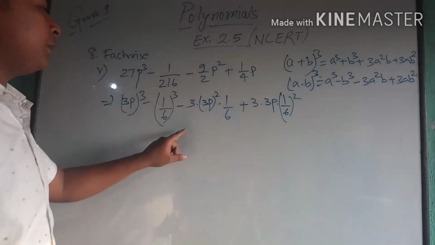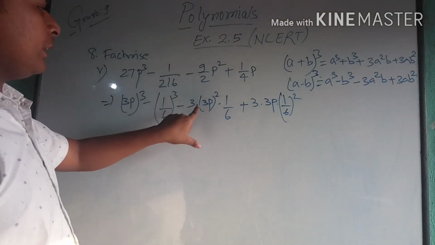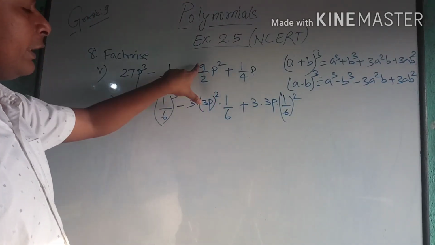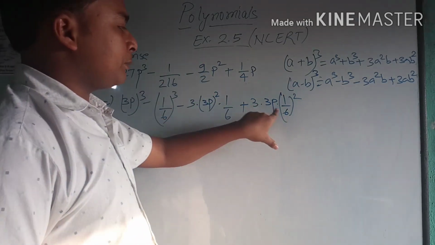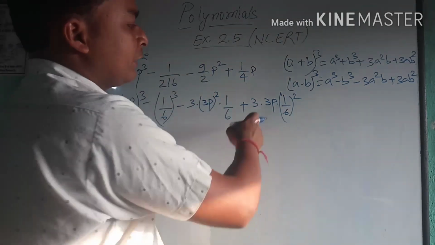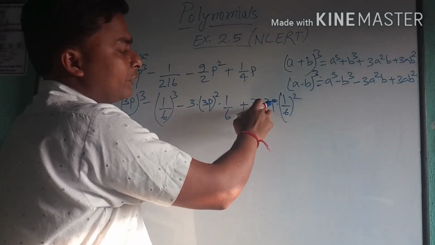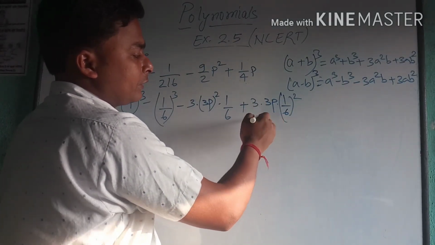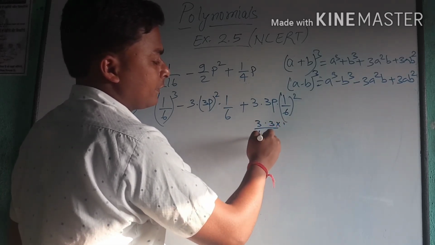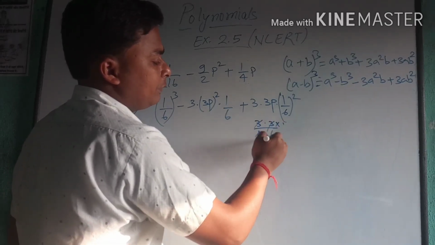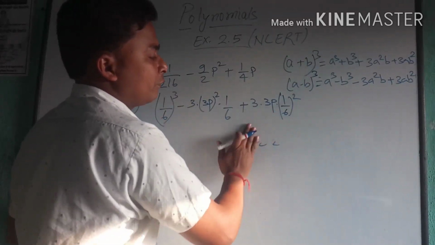Now my dear, if we simplify this part, 3 3s are 9 and 3 is cancelled 2, 9 upon 2 is here and p square is there. If we simplify this part, 3 and 3 is here, this will be cancelled with 1 upon 6 and 6. So finally we will get the answer as 1 by 4.